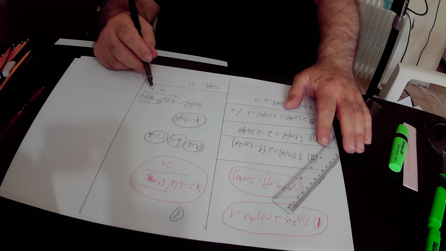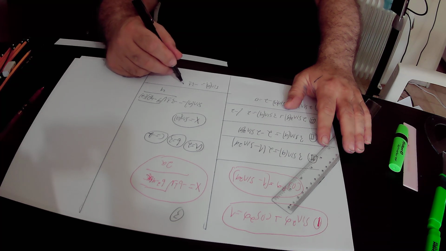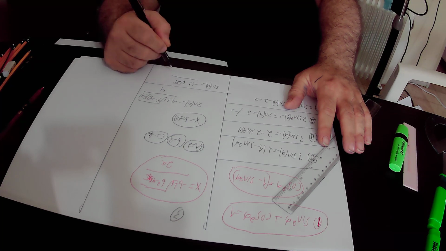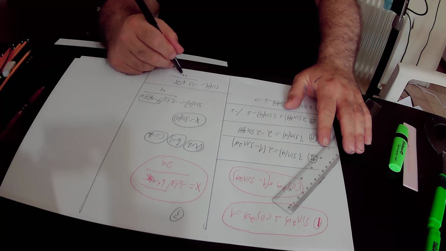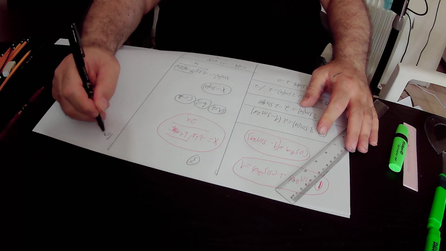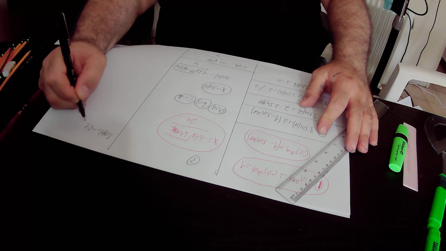And plus 16 plus 9 is 25. So inside the root we are left with only 25 over 4. So sinus alpha equals minus 3 plus or minus the square root of 25, which is 5.